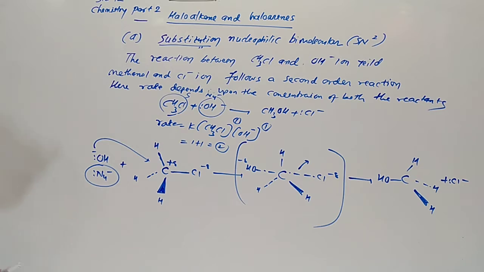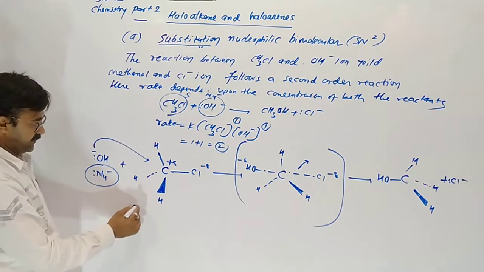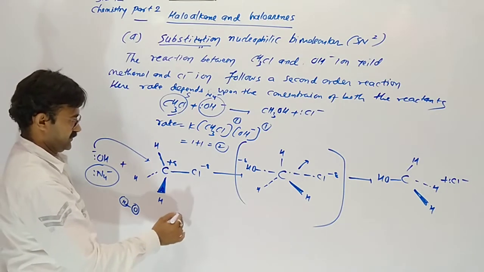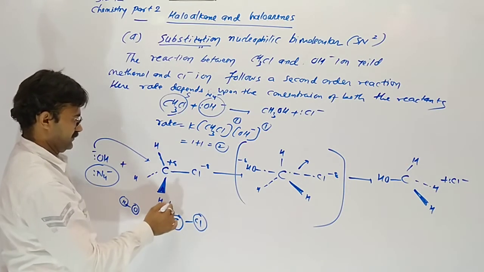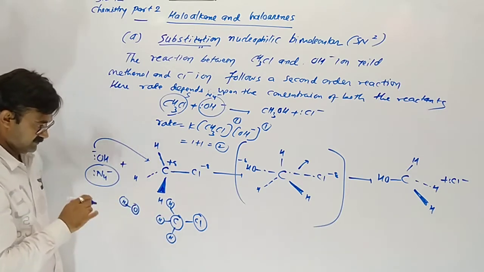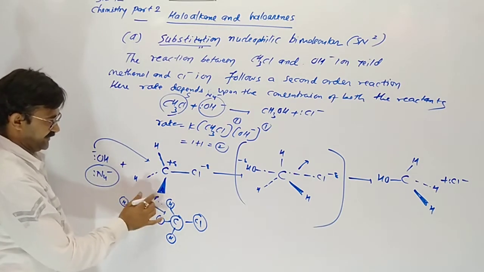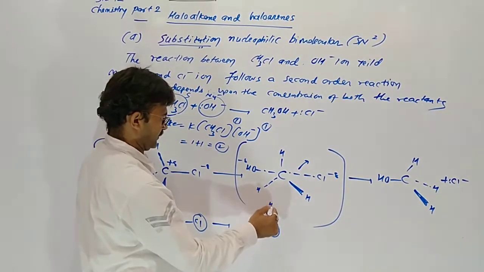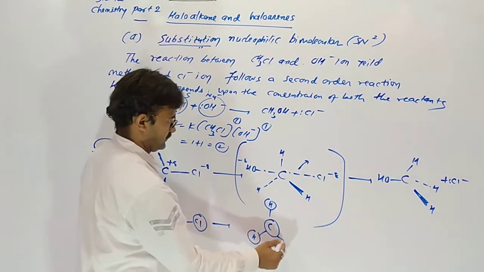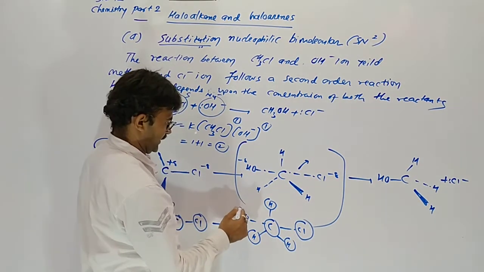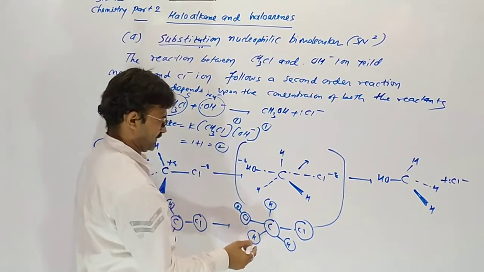In our book this type of model is given: oxygen and hydrogen, carbon with chlorine and three hydrogens. The OH group is attacking here. In the transition state, carbon with three hydrogens has the chloride on one side and the OH group attacking on the other.